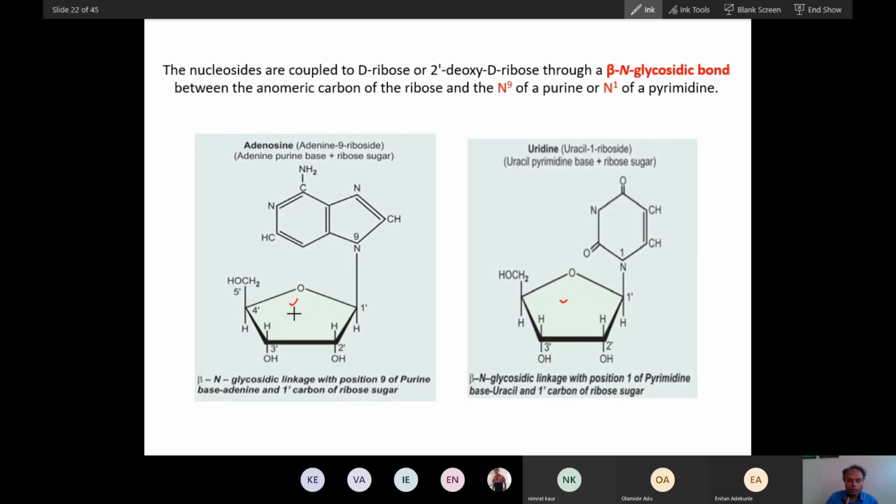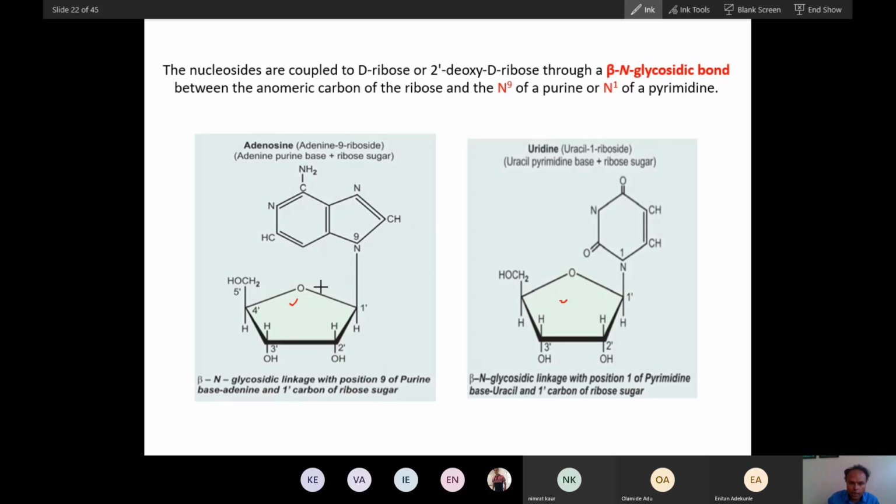And the sugar in DNA is deoxyribose, and in RNA is ribose. Now let's see the conformation of the base in comparison to the sugar. This is also very important, because this configuration is very important for the structural stability of the DNA and RNA.